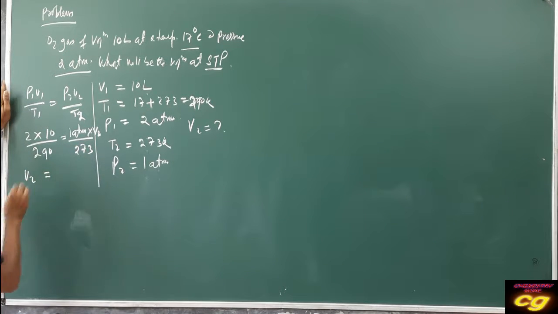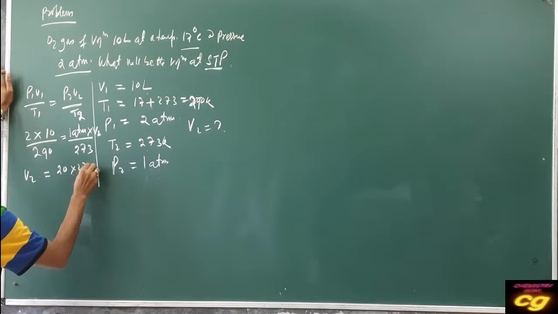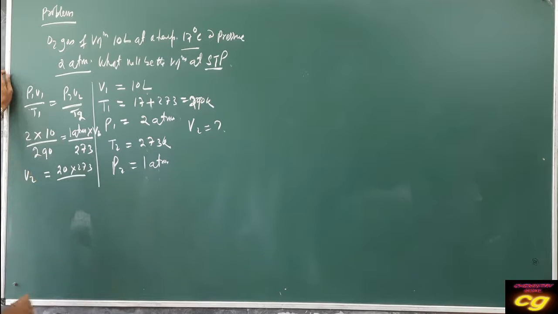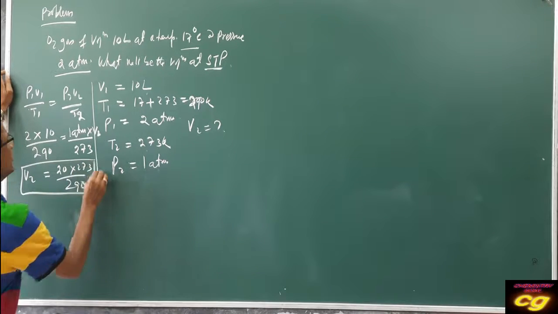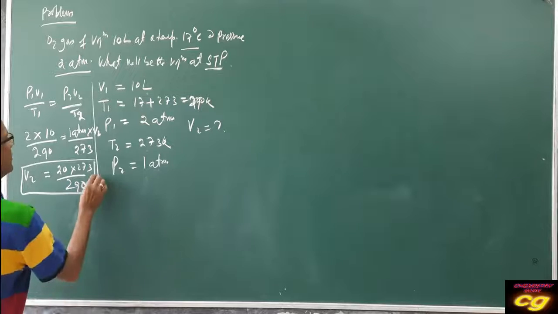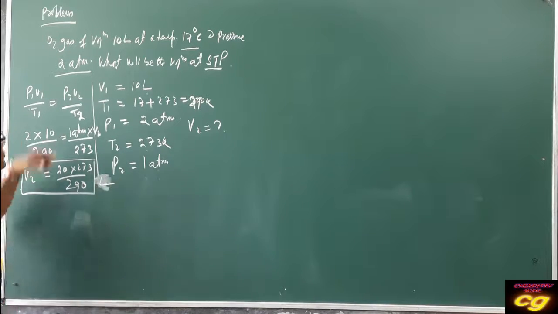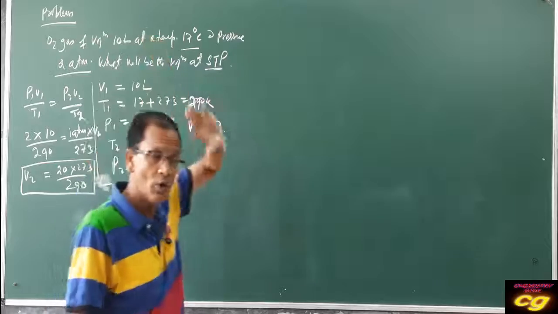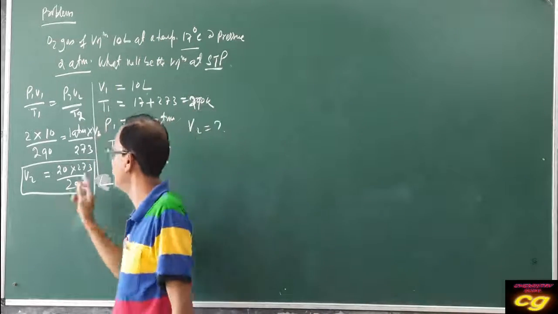V2 is equal to 20 into 273 by 290. This is the value of V2 that you get. It will be in liters, because in the question the volume is given in the unit liter, so the answer will be in liters.